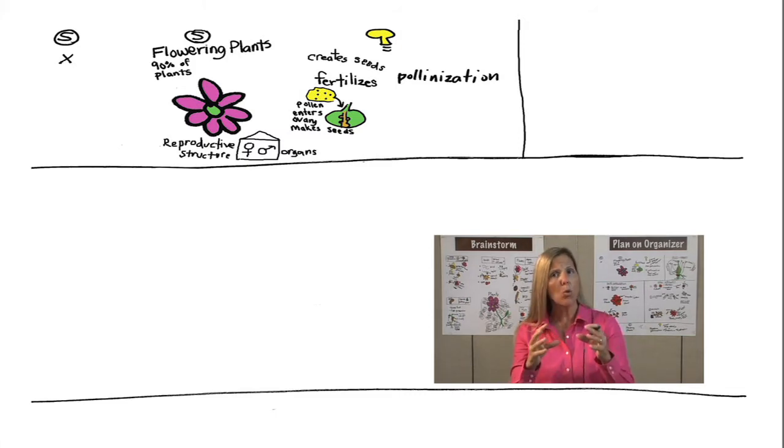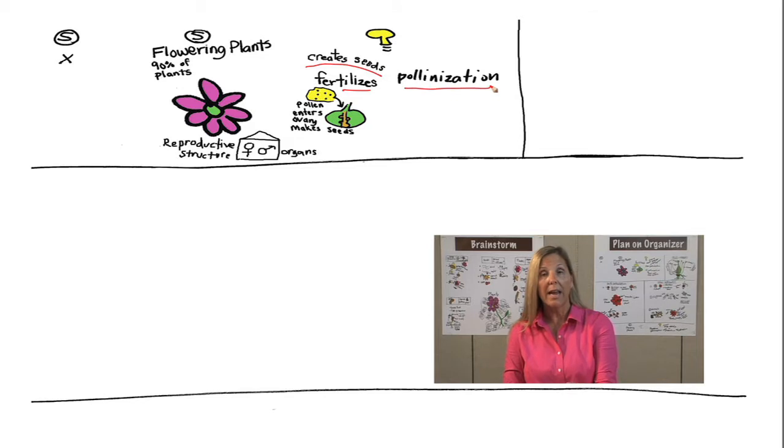And the question that you ask to get up to that thesis statement is, how are those 2 things the same? Pollination and cross-pollination. And they're the same because both of those processes create seeds, fertilize the flowers, fertilize the plants, and both of them are a type of pollination.